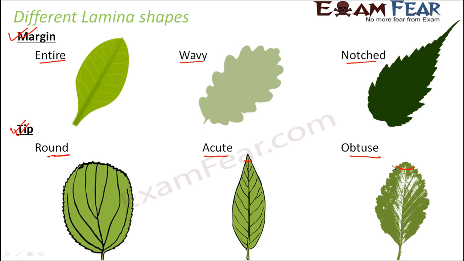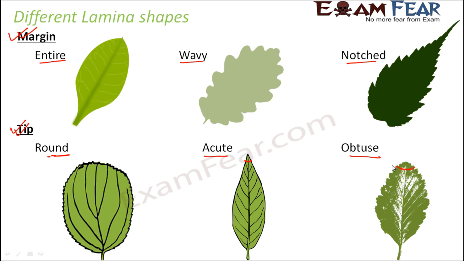So if you have terminologies like this, you can observe a plant and just tell that this plant has a wavy leaf and an obtuse tip. Somebody will very clearly understand that the margin of the leaf is in the shape of a wave and the tip of the leaf is not very thin.